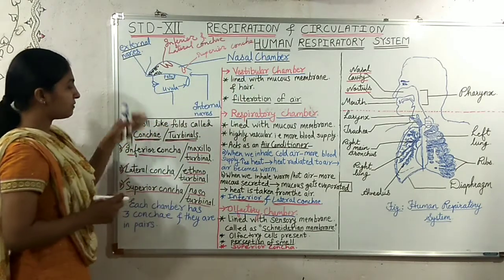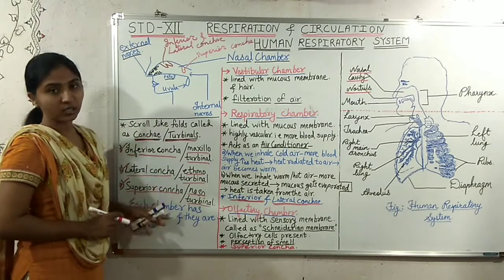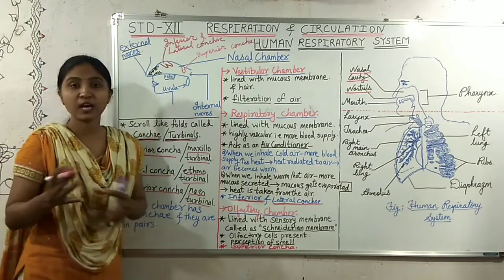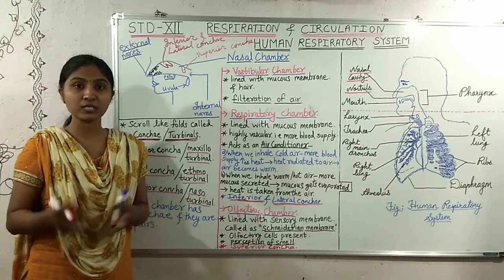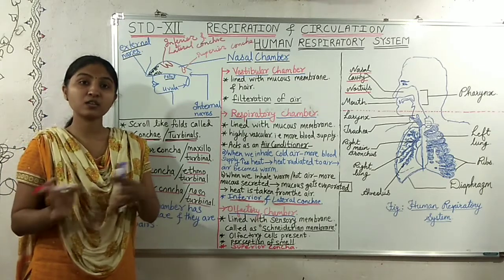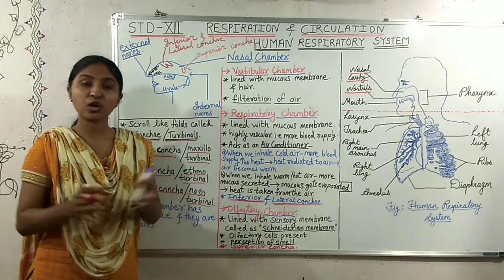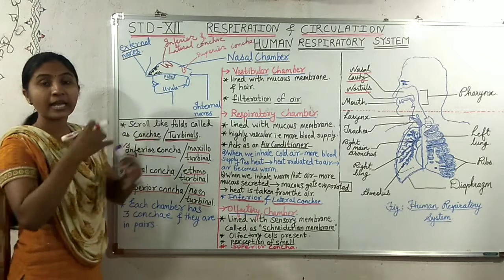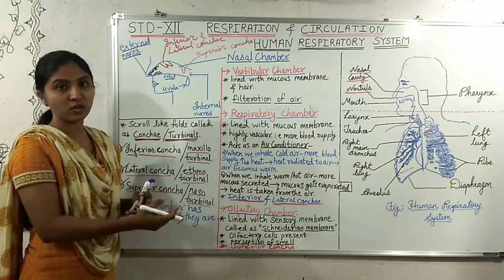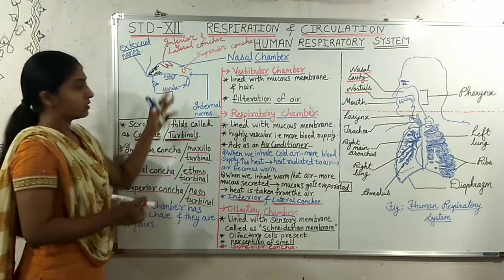Now, the function of these conchae: as we have studied while studying the respiratory surface, the respiratory surface should be enlarged or should be large. So here, these folds help in enlarging the surface of respiration.